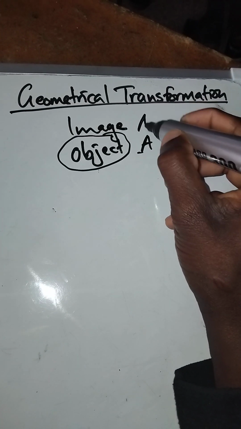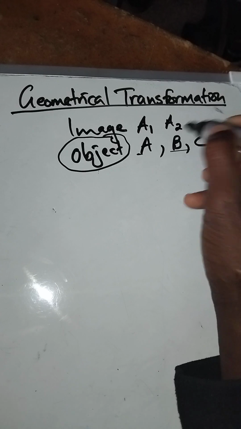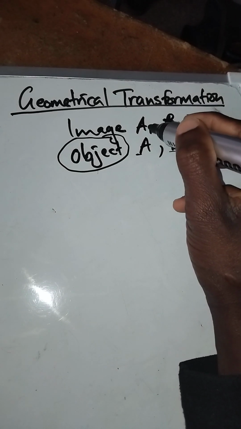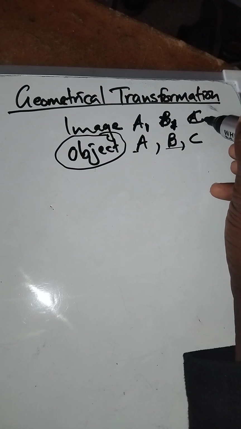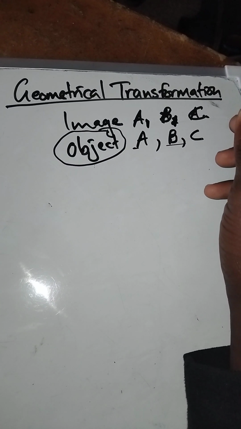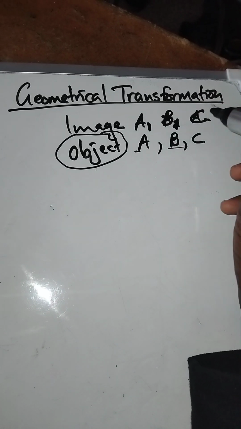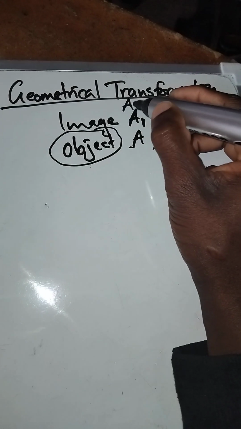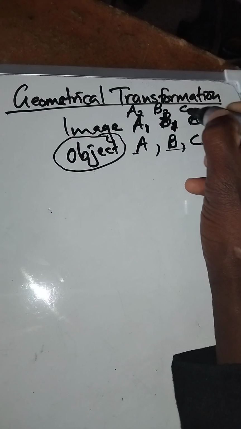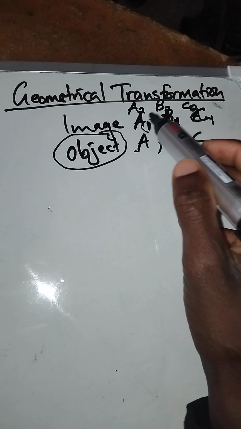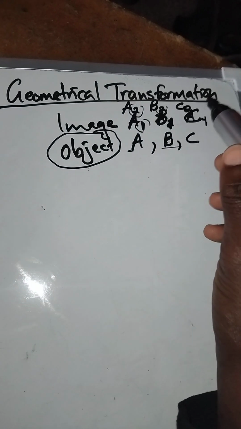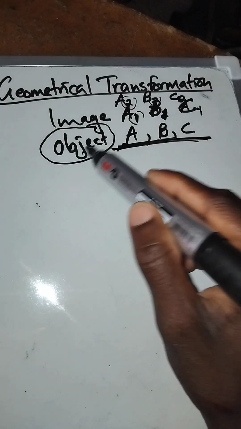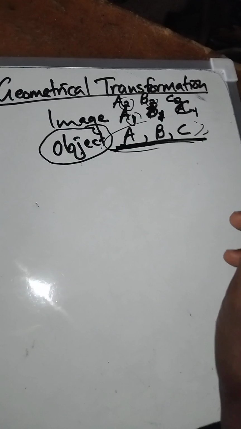Then the image is denoted by A1, B1, C1, or A2, B2, C2. So this is the original, this is the object or original point, and this is the image.